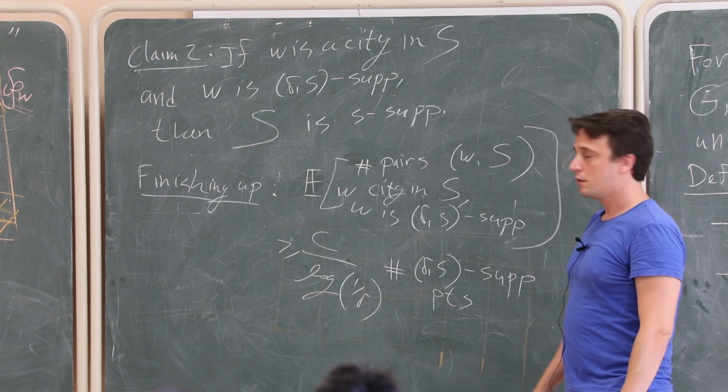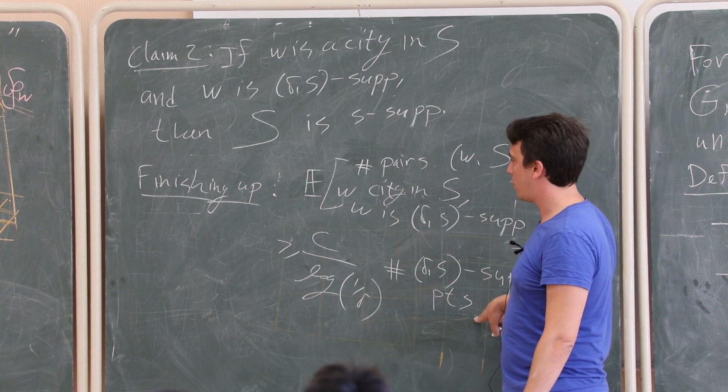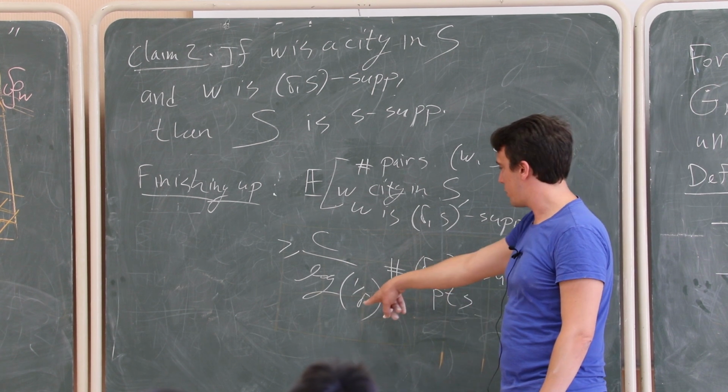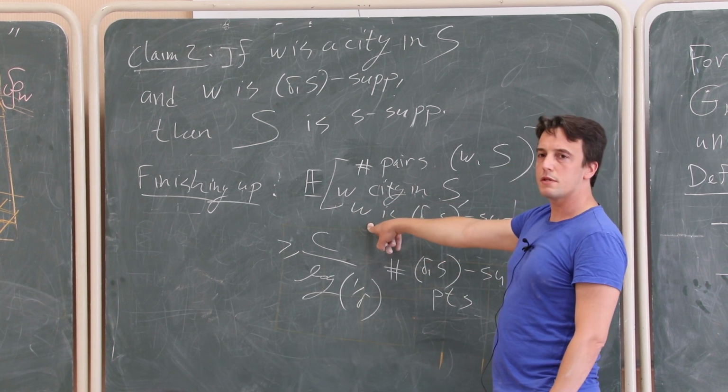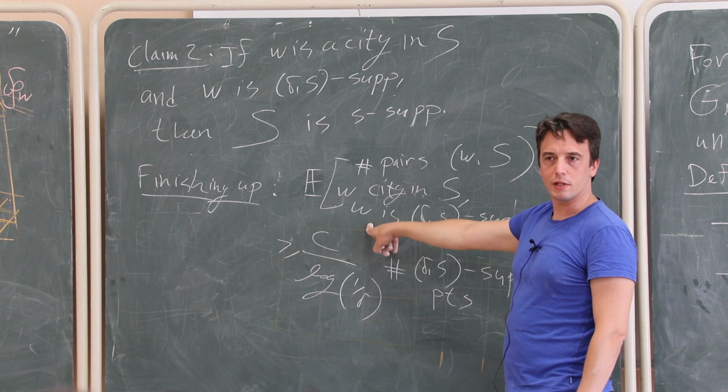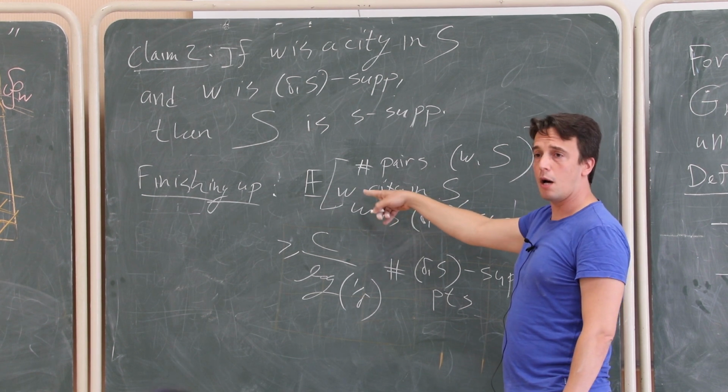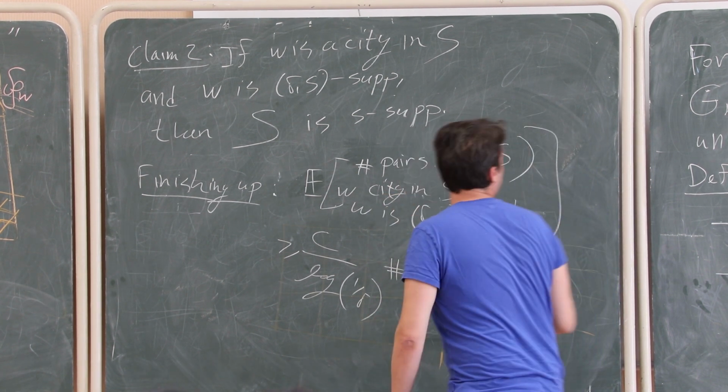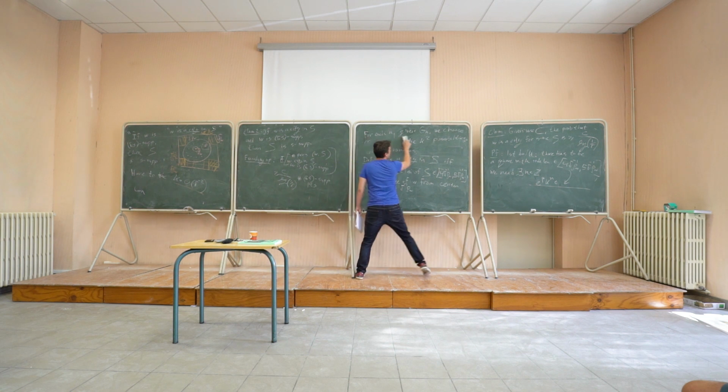So the number of delta S supported points is no more than this log times this expected number of points. Now let's upper bound this expectation deterministically.